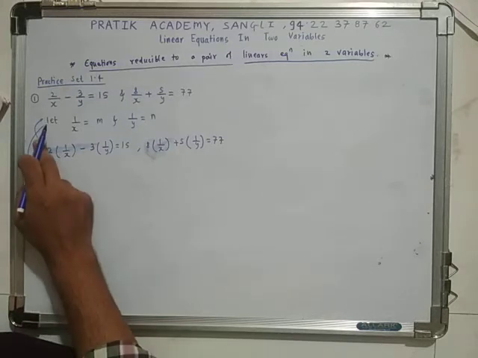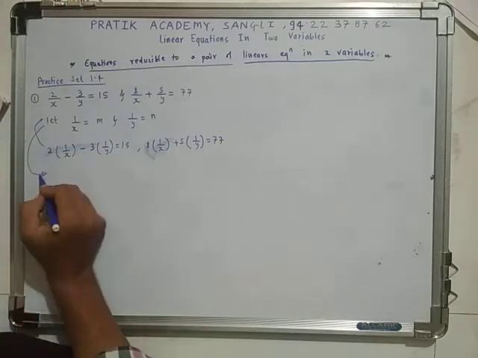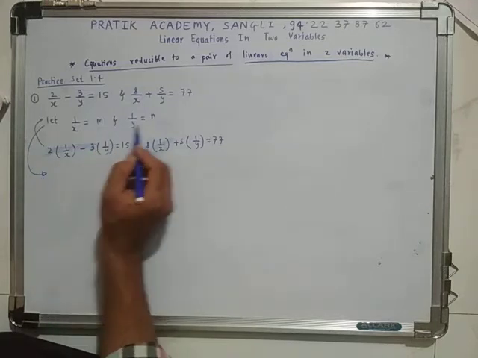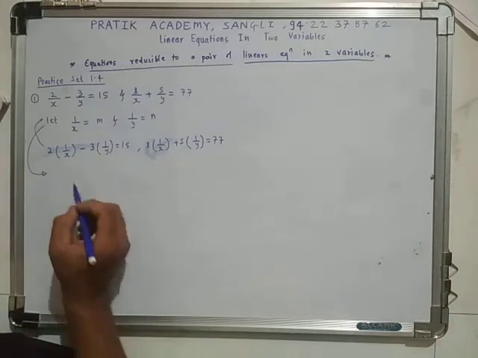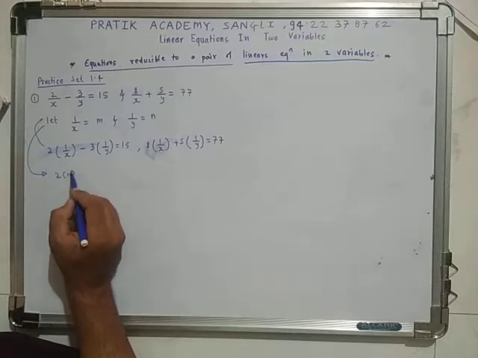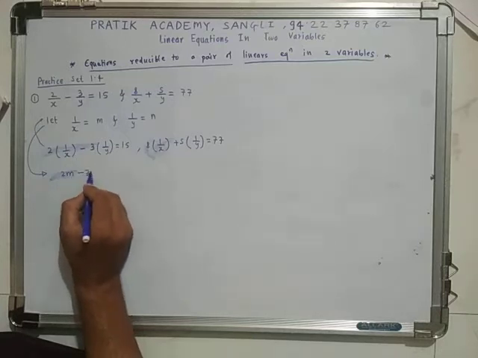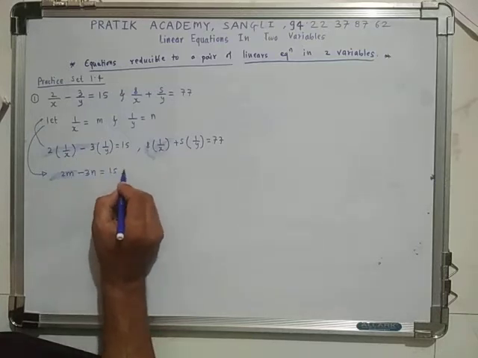Okay, so consider this adjustment here. After putting 1 upon x is equal to m and 1 upon y is equal to n, this equation changes to 2m minus 3n is equal to 15.